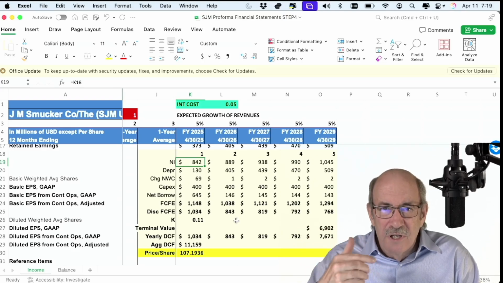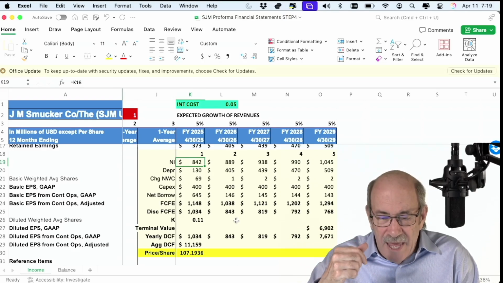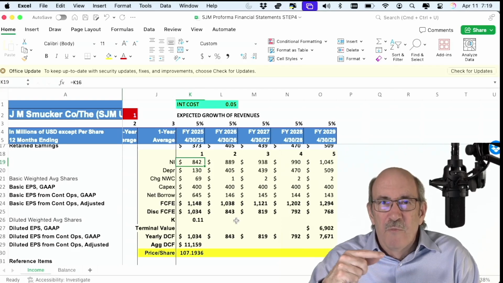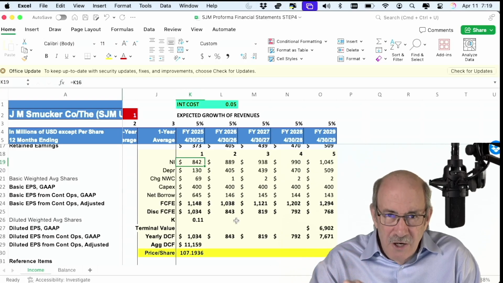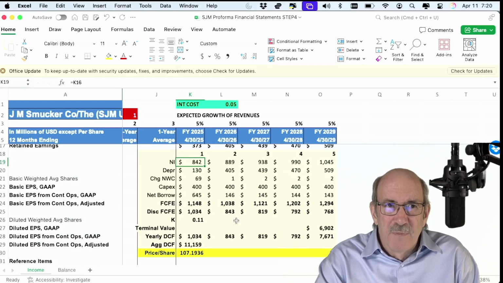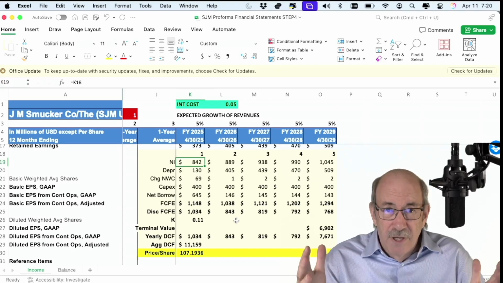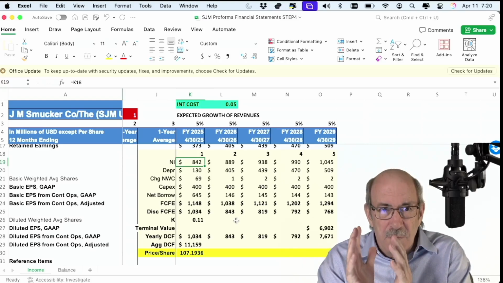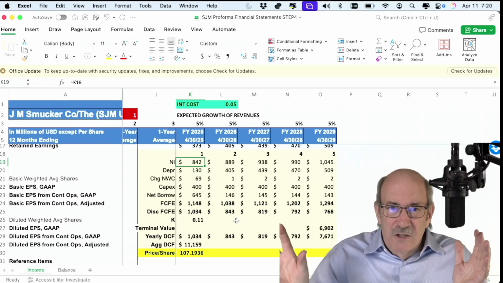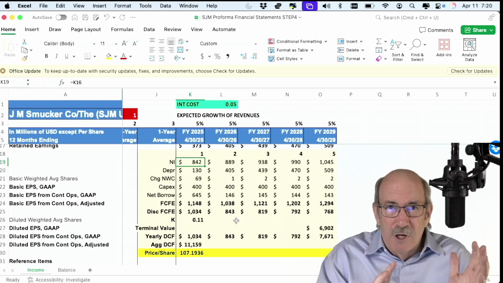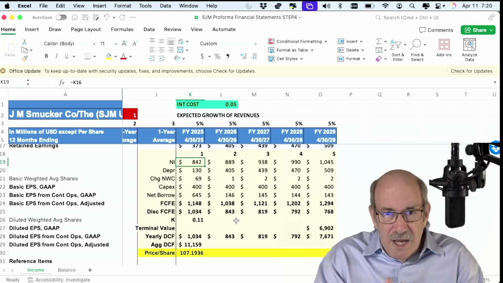And that net borrowings is the important one, because that's what differs from the textbook free cash flow to the firm and what we're doing here, which is free cash flow to equity. The difference between the book and what we're doing here is the book is valuing the entire firm. We're just valuing the equity piece of it directly. In the book, they valued the whole firm and then they subtracted off the debt piece, and we were left with equity. Here, we're going straight to equity. We don't have to subtract off debt at the end.